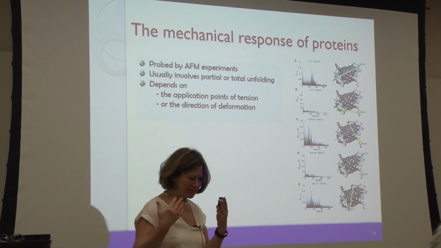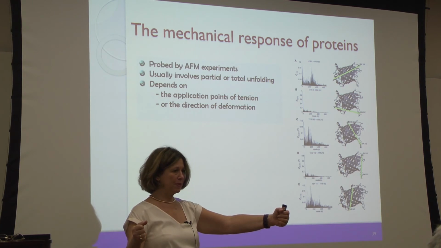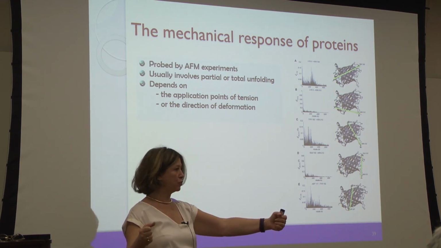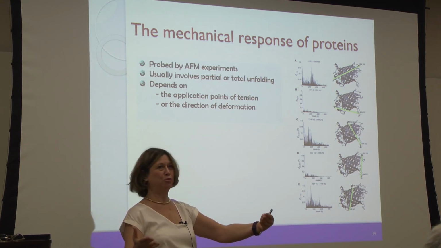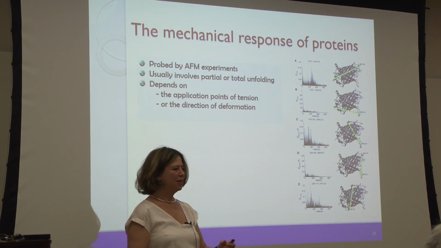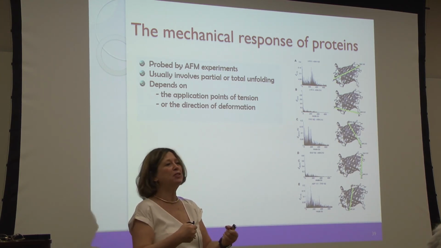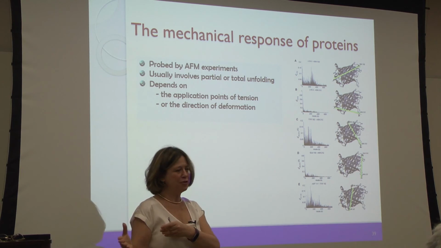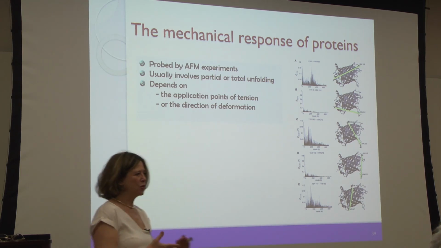So what happens physically is the following: if a given extension is being accommodated by a soft mode, it's going to be easy to do that type of extension. But if this deformation is only accommodated by a high frequency, higher mode, the response is going to be stiffer, okay? So that is the logic.